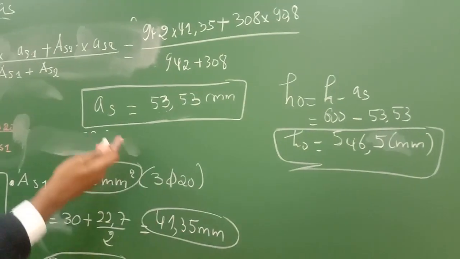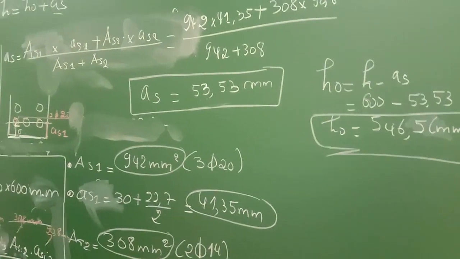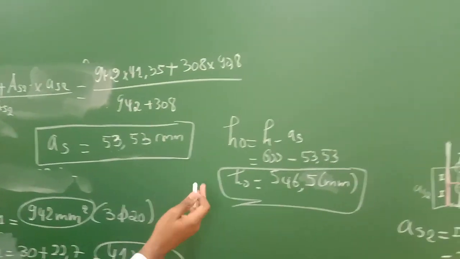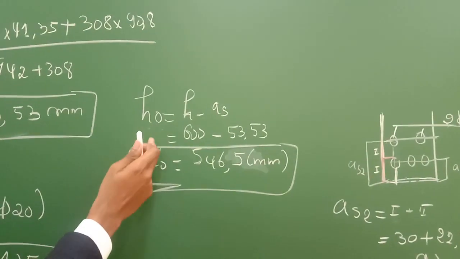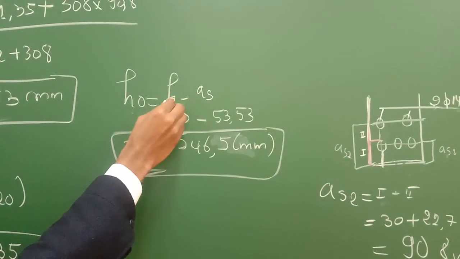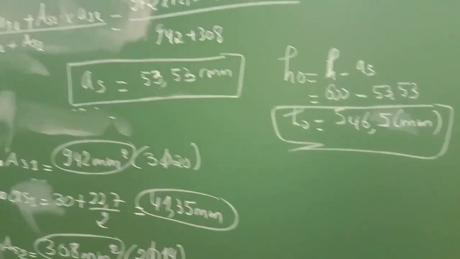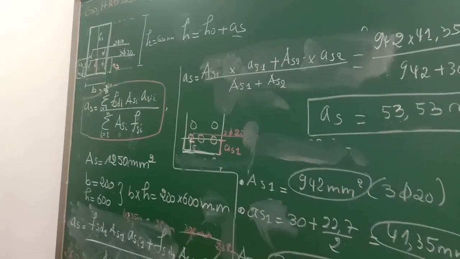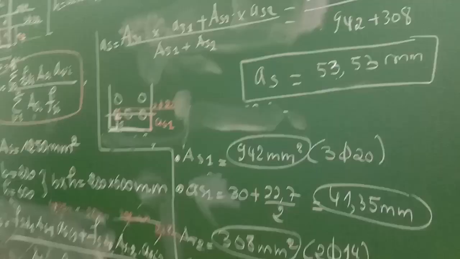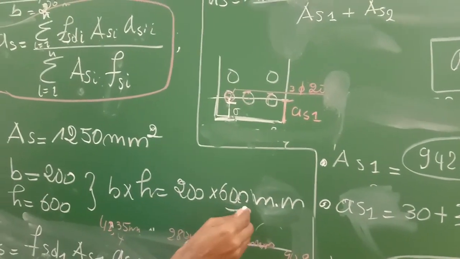And as we now know the AS, after that we will be able to find the height H0. How do we do it? H0 is this distance.